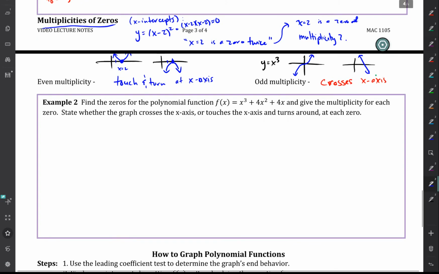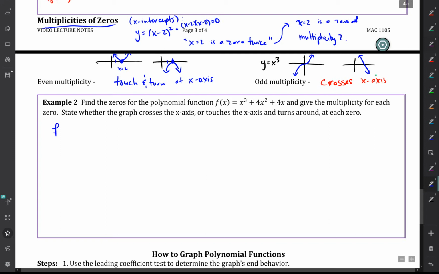With that in mind, we're going to look at the following example. f of x equals x cubed plus 4x squared plus 4x, and we're going to give the multiplicity of each 0. That means we have to find the x-intercepts, so we need to set f of x equal to 0 and solve. If you factor out an x, you can see right away that you can write this as (x squared plus 4x plus 4) times x equals 0. So x equals 0 will be a 0.